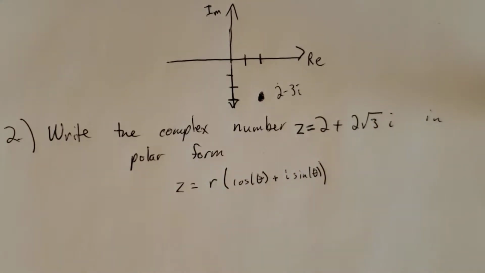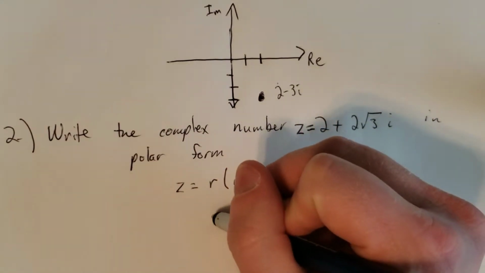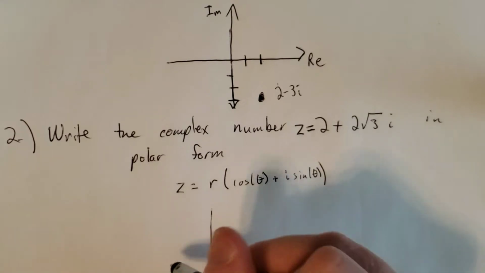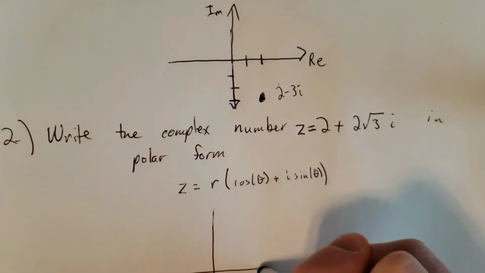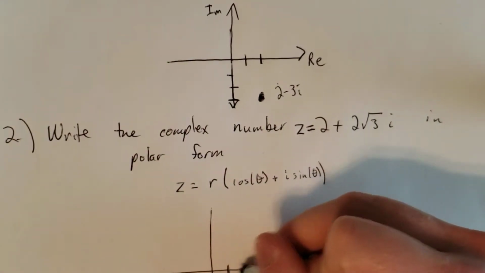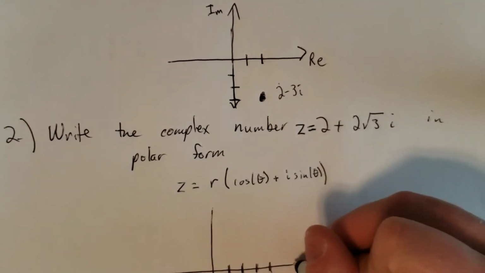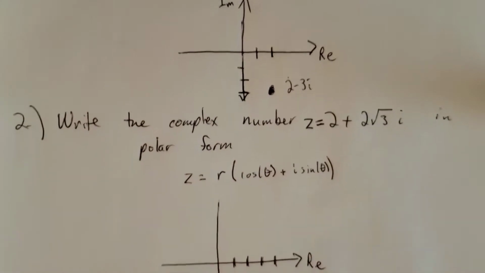It might be best to draw a picture first here. Let's draw 2 plus 2 square root of 3i. So we got 1, 2 units. I'm going to go ahead and add in a fourth here. And this is the real line.